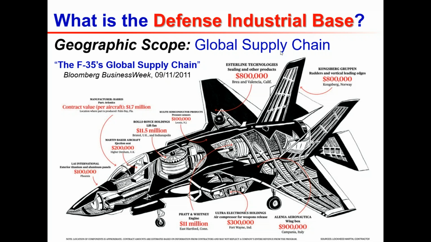Right, you'll see the ejection seat or the lift fan coming from the UK. You'll see the wing box comes from Italy, right? The rudders and vertical leading edges come from Norway, right? So again, we have a global supply chain. The defense industrial base includes the global supply chain for the platforms and systems that meet our warfighter needs.